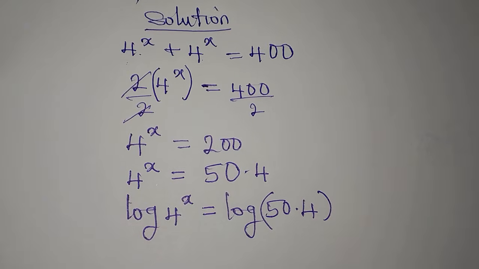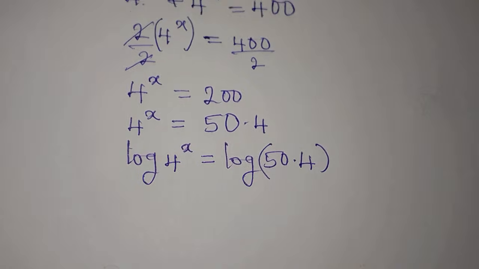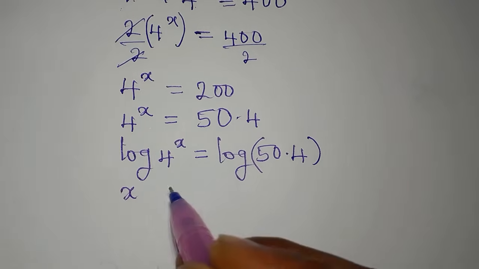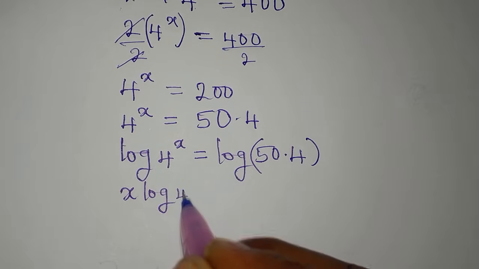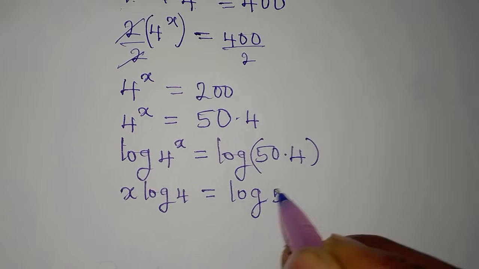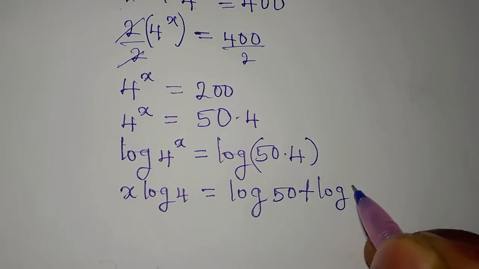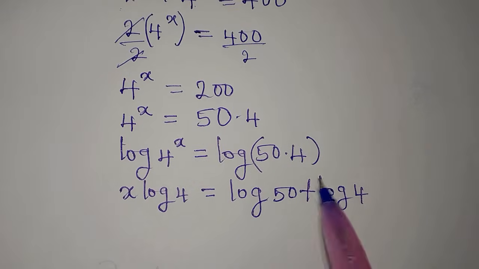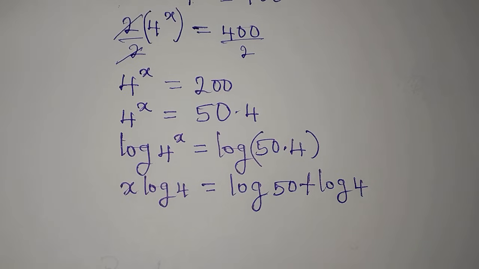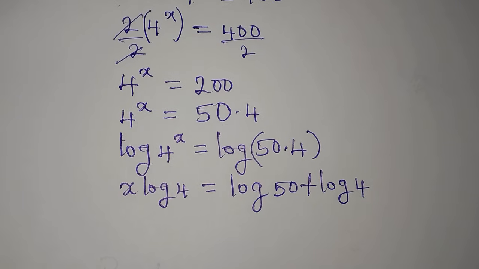And then we'll apply a couple of laws that have to do with logarithm. One of the laws says that the power can go in front to give us x log 4. And the other law says this is going to be log 50 plus log 4, because if you are multiplying, you can have their separate logs and then you add the two logs.